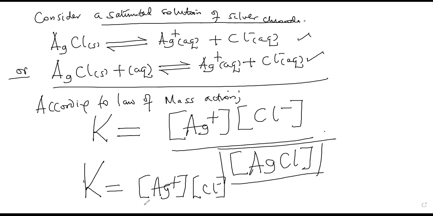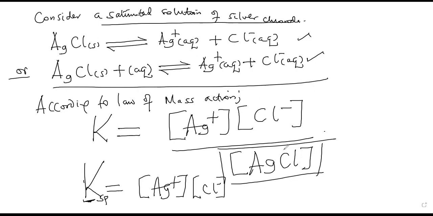So if you have the constant as the concentration of silver times the concentration of chloride ion, we call this one KSP. It is the product of the concentrations of the ions.